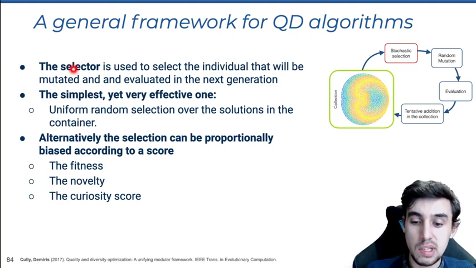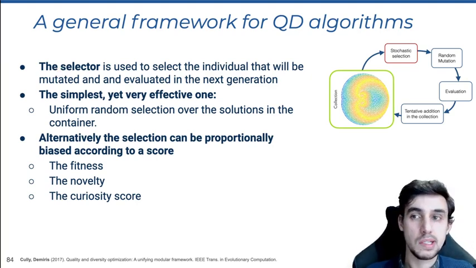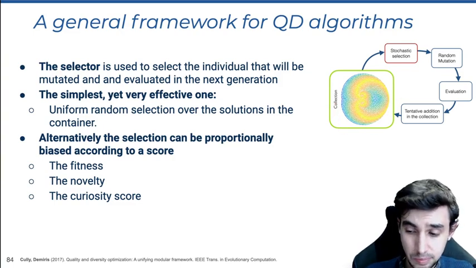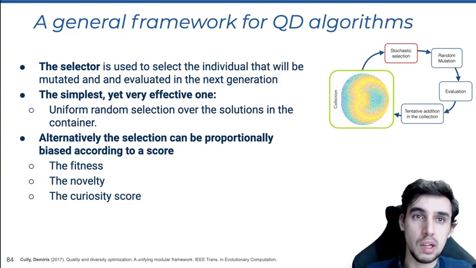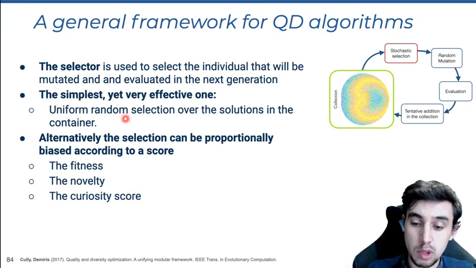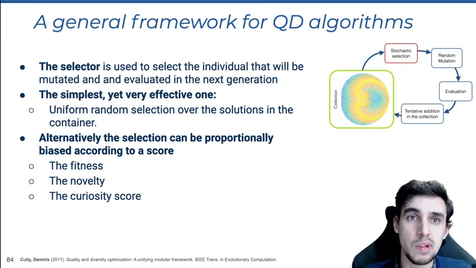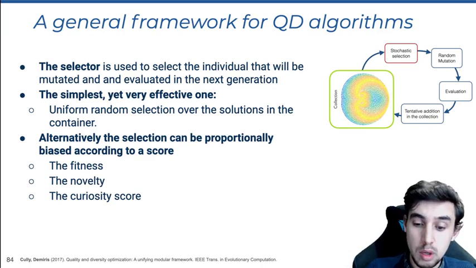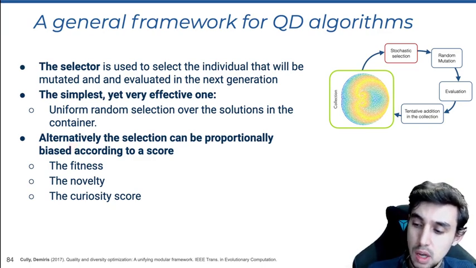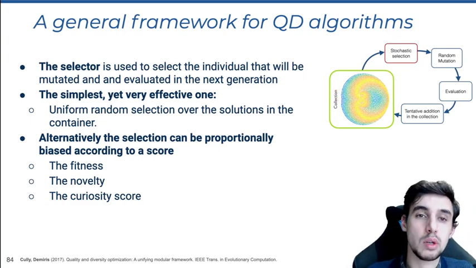Typically we can use different selectors to select different solutions, and not simply the uniform random, even if, as I told you, that's what we use in MAP-Elites and it's shown to be very effective. But we can use some alternative approaches, for instance adding a bias to select solutions with a large fitness, or solutions that are novel, or a curiosity score, which is a concept that I introduced here.